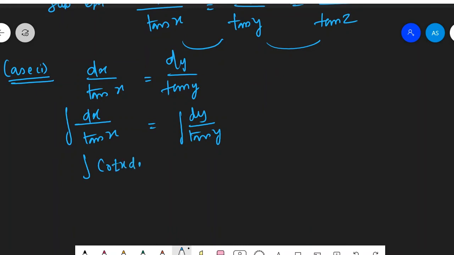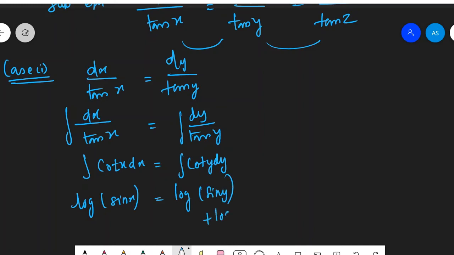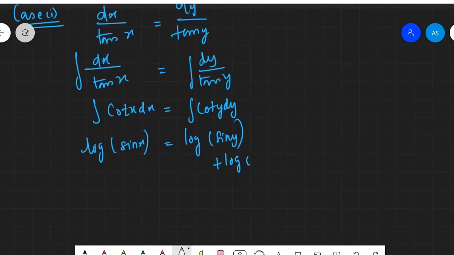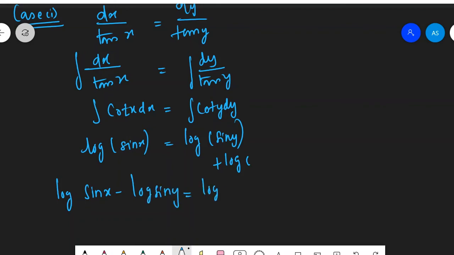So cot x dx equals cot y dy. So integration of cot x is log sin x. In the same way, integration of cot y is log sin y. And the integrating constant can be added as log c. So now log sin x minus log sin y equals log c.